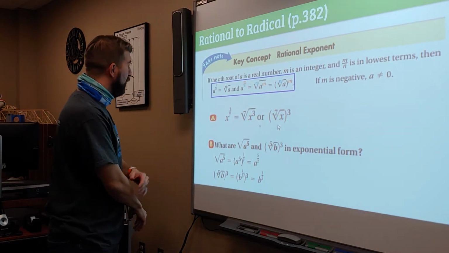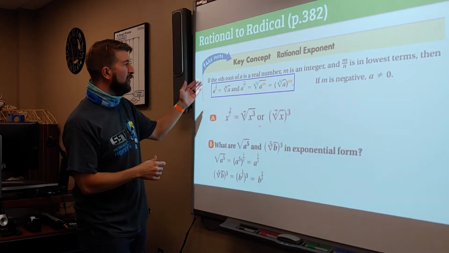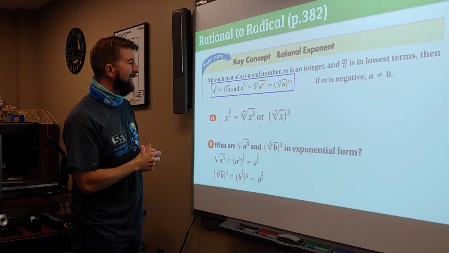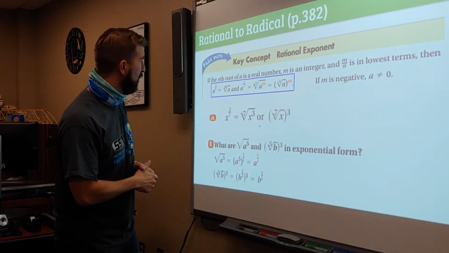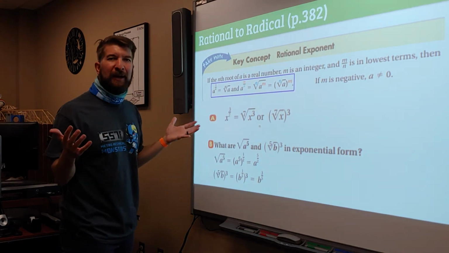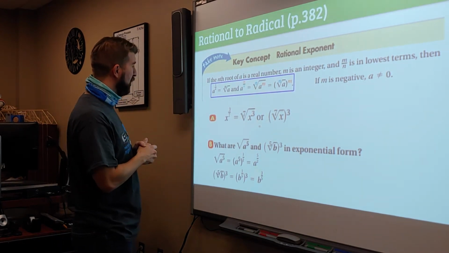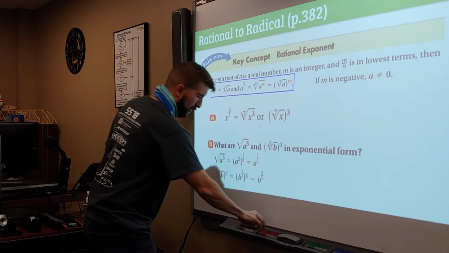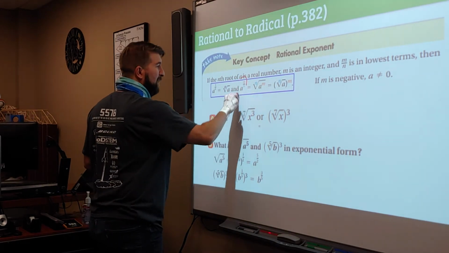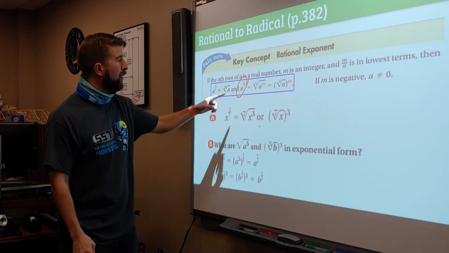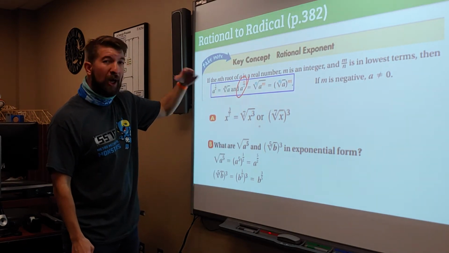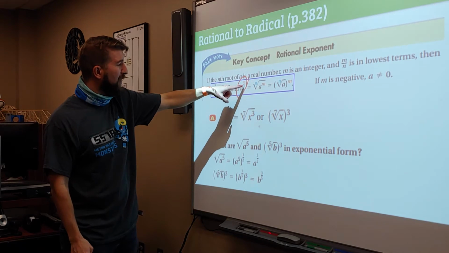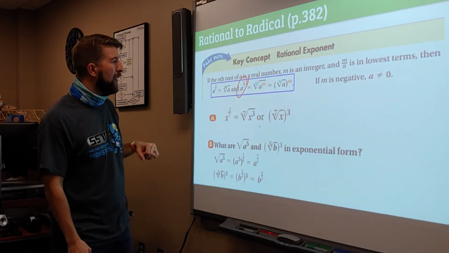All right, so on this it says, if the nth root of a is a real number, m is an integer, and m over n is in lowest terms. So that's a lot of math jargon. So let's just talk about what that means. The m and n in a rational expression: m is the top part of the fraction of the exponent, and n is the bottom part.